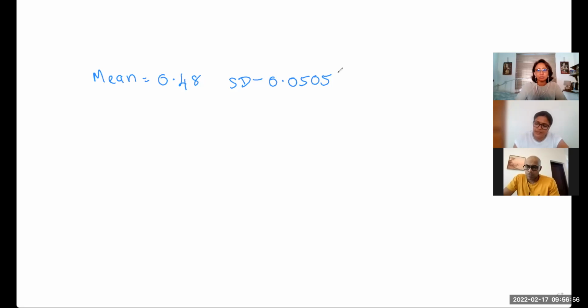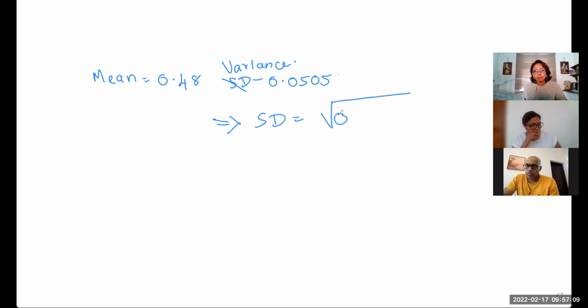Now, okay, now this is not standard deviation. This is actually variance. So then, how do we get the standard deviation? Isn't this the square root of 0.0505? How much is that?